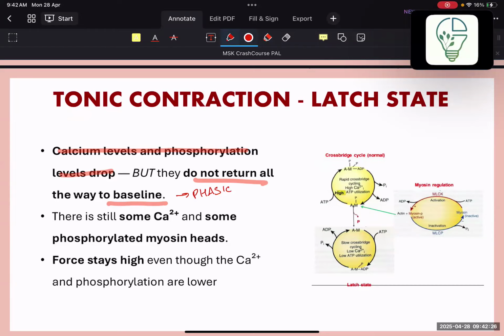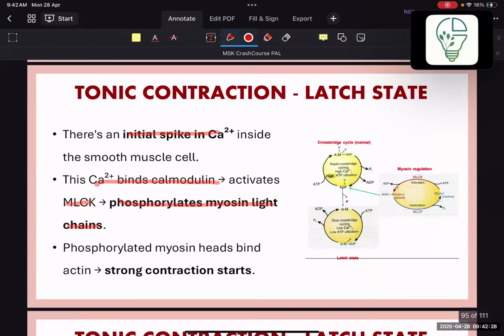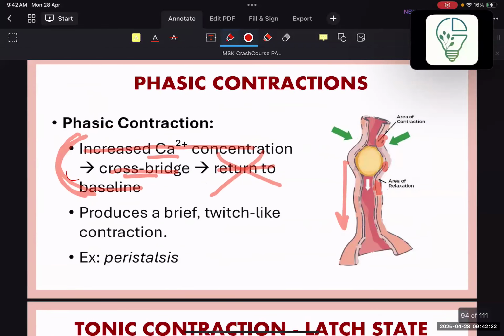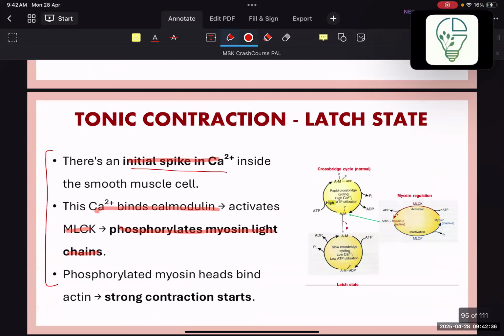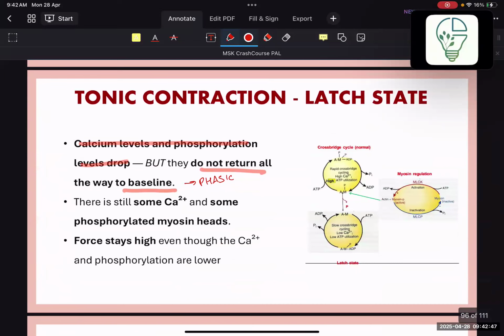I just want to clarify something because I think the slides will make it a bit confusing. I just wrote more steps here, but the point still stands in both of them. Even in phasic contractions, you're going to undergo the same initial spike of calcium, and calcium will bind to calmodulin. Don't get that confused. This will happen in both phasic and tonic contractions. It happens in all smooth muscle contractions. The difference between a phasic and a tonic contraction is that in phasic contraction, calcium returns back to normal once you're done.